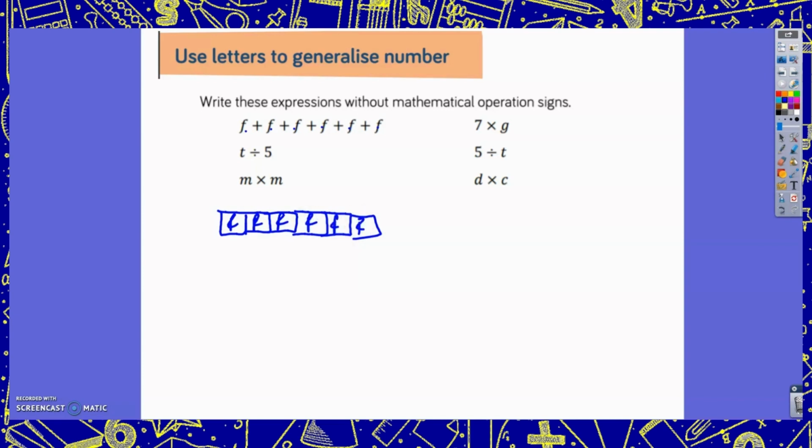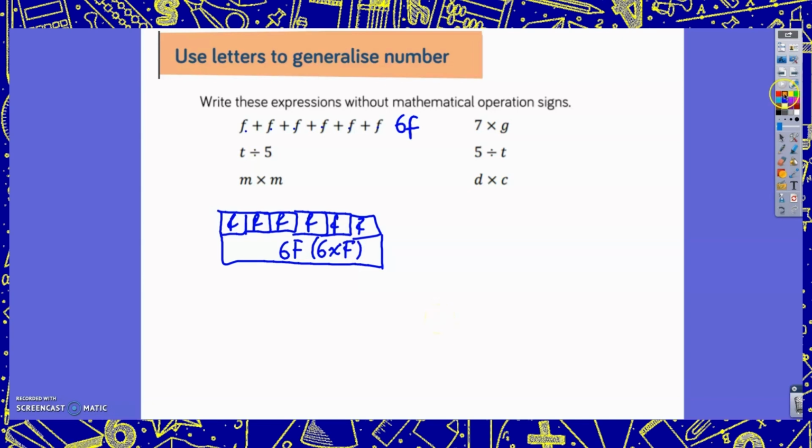So instead of having F plus F plus F plus F, I have 6 lots of F's, which I can write as 6F. So remember, when I join the number to the letter, that is the same as saying 6 times F, but we don't use that multiplication symbol in algebra, so we will refer to that as 6F.